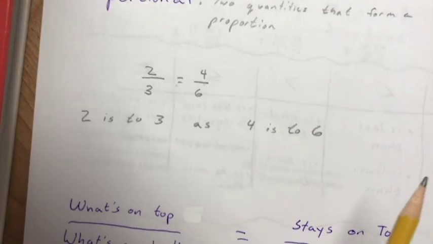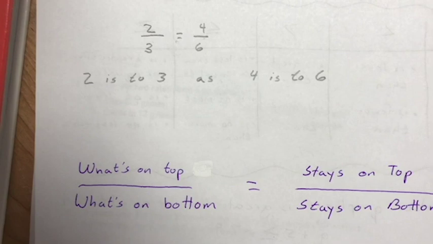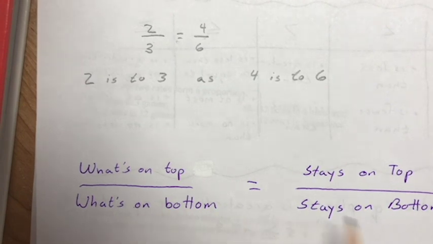All right, now there is one thing I do want you to keep in your mind when writing proportions, and right now this doesn't make any sense, but it's going to make sense as we start solving proportional equations. What's on top stays on top. What's on bottom stays on bottom.